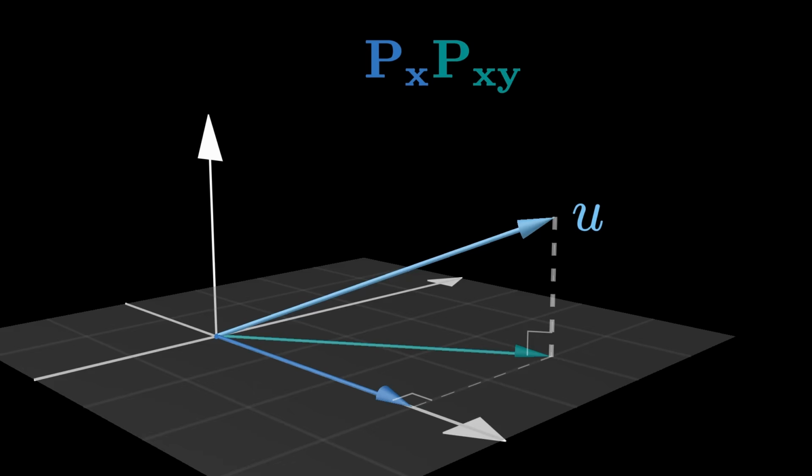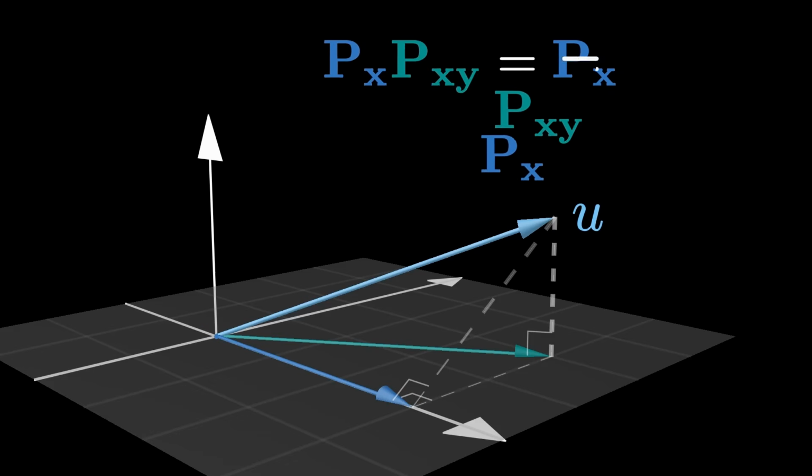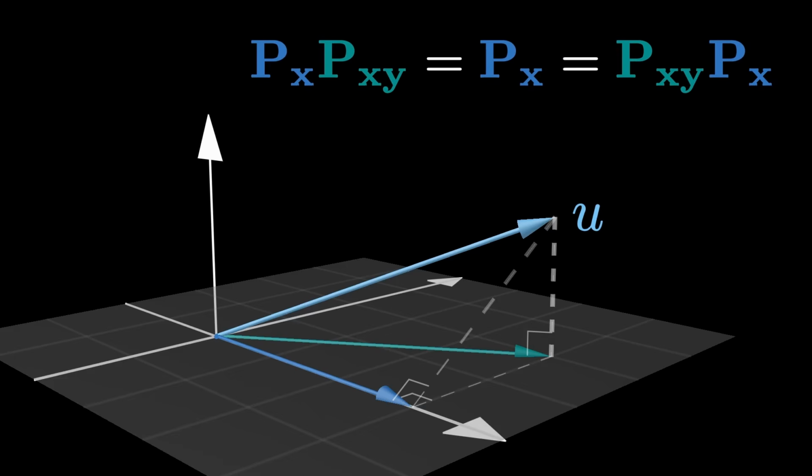Well, if you think about it, the x-axis is inside the xy plane. So if we project onto the x-axis, we're already projecting onto the xy plane. So if we try to project to the xy plane after this, that doesn't do anything. We're already there. So in the case of nested projections, whether you do the outer one or the inner one first, you get the result from just doing the inner projection.